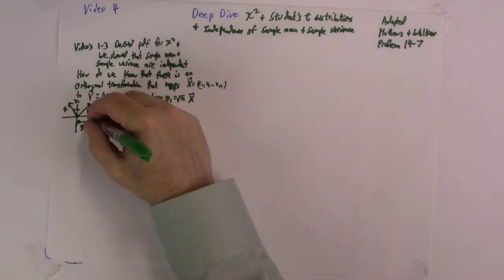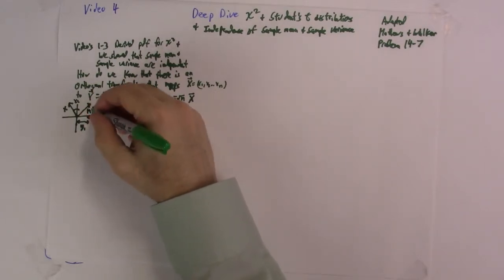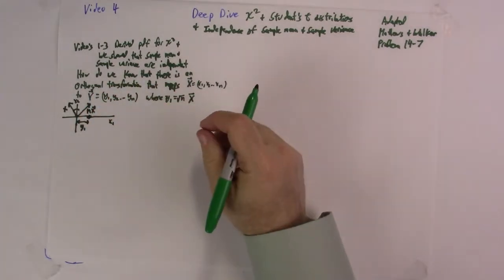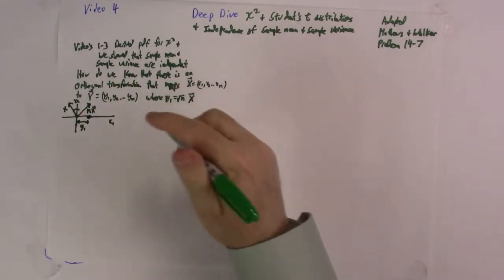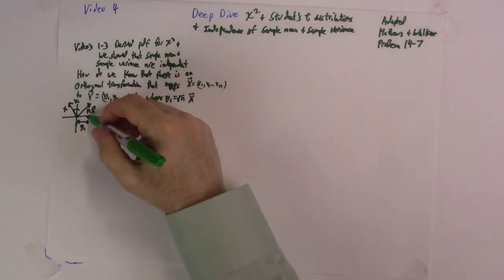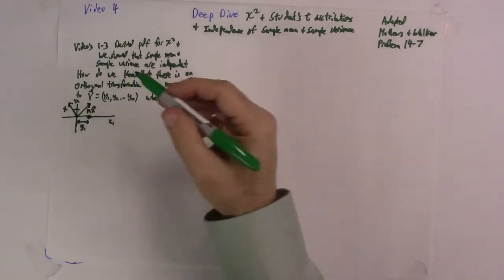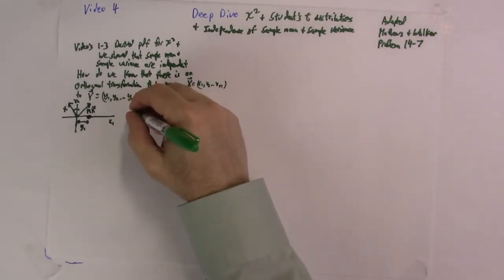The projection of mx on the x1 axis will be y1 after we do the orthogonal transformation. And it's pretty clear you can do this as long as the length of the value y1 is less than the length of x. So that's what we have to make sure.